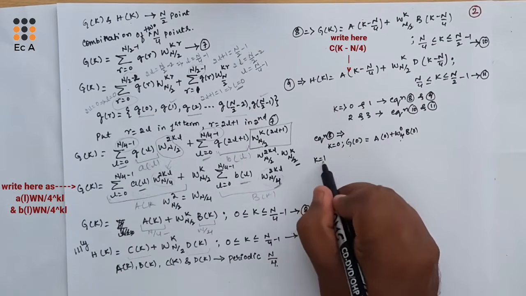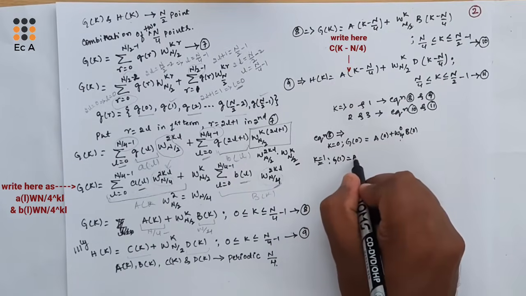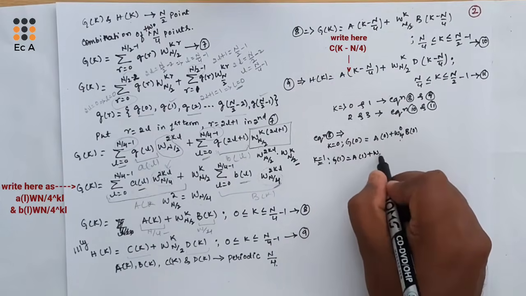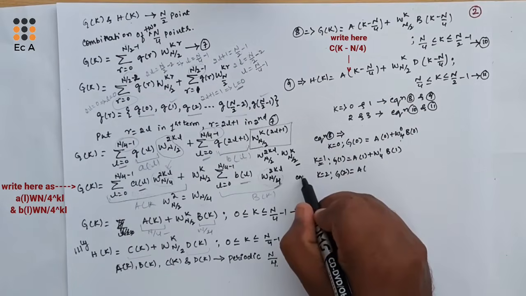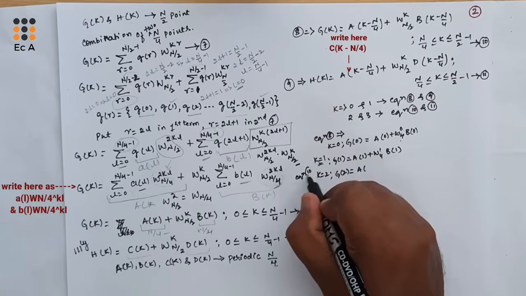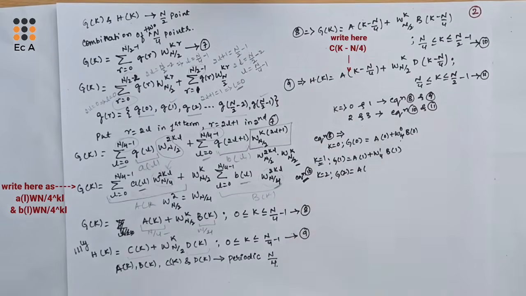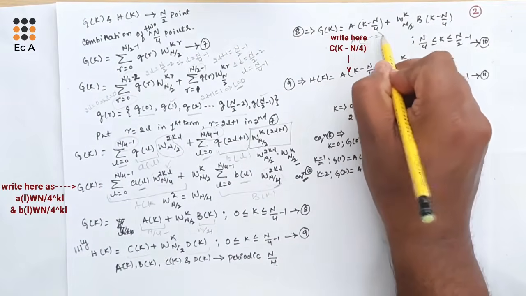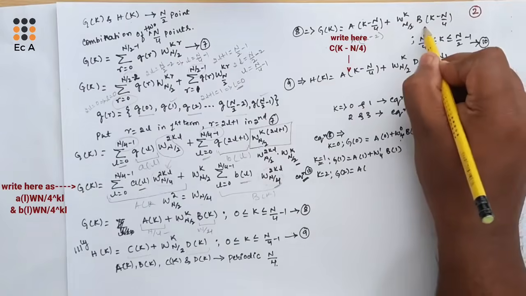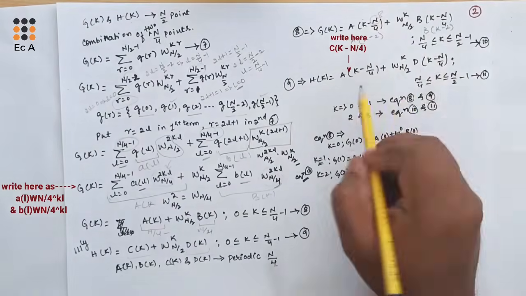K is equal to 1, at that case g of 1 will be equal to a of 1 plus w4 to the power of 1, b of 1. In equation 10, this is equation number 10. If you put k is equal to 2, here the term will be a of k minus 2, here it will be b of k minus 2 because n is equal to 8.